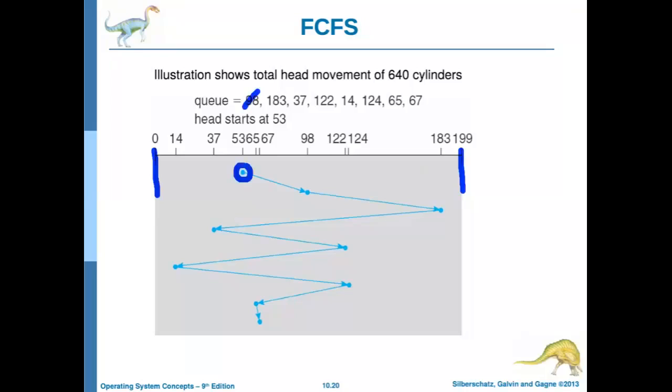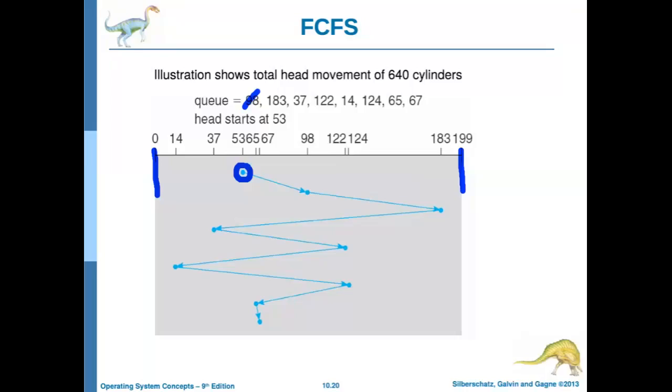So from 53 up to 98, you can calculate it by simply subtracting 53 from 98. 98 minus 53 gives you 45.